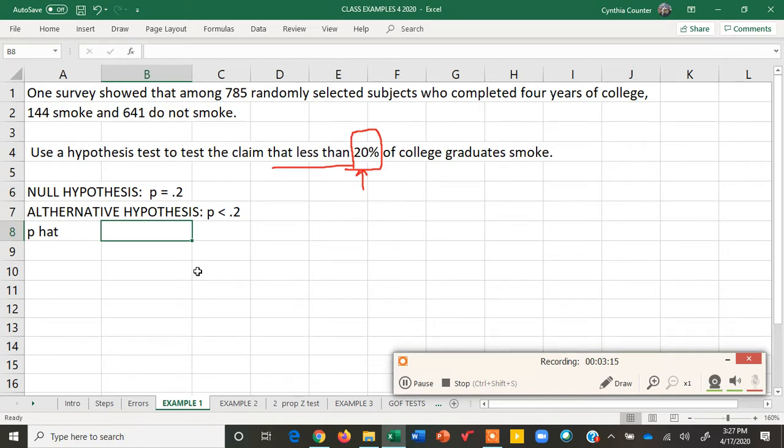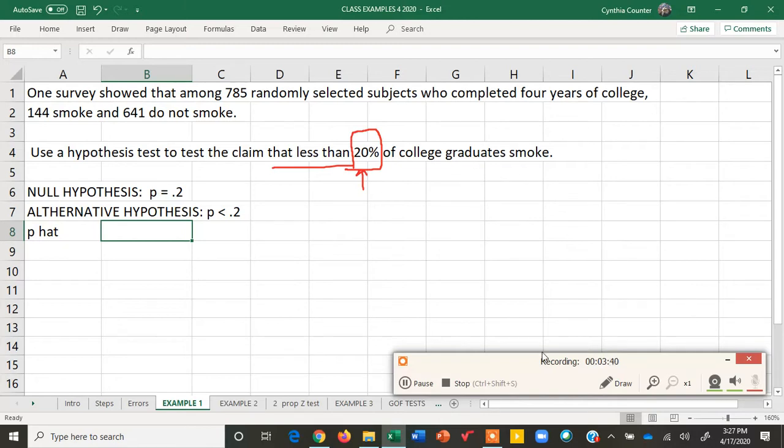So what is the data we're given? Well, we have a survey that showed among 785 randomly selected subjects who completed 4 years of college, in that sample, 144 of them were found to be smokers and 641 of them were non-smokers.